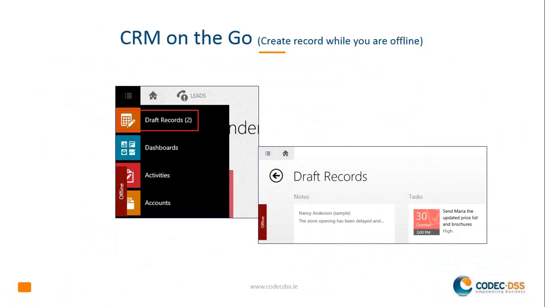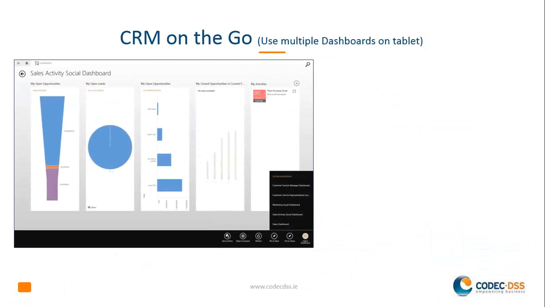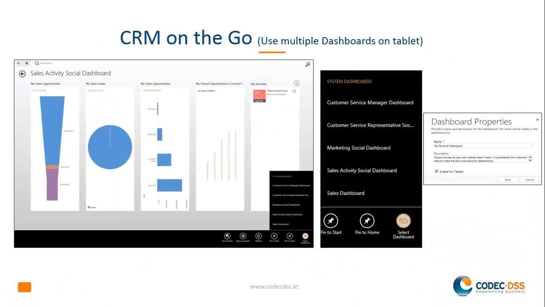So these are the cool features, and CRM on the go also has, as I mentioned, system dashboard changing. It's a new option as well, so you can create your own in the system on the tablet application.